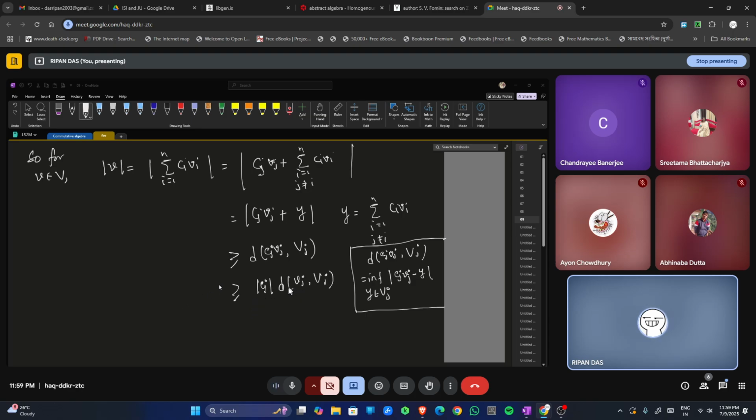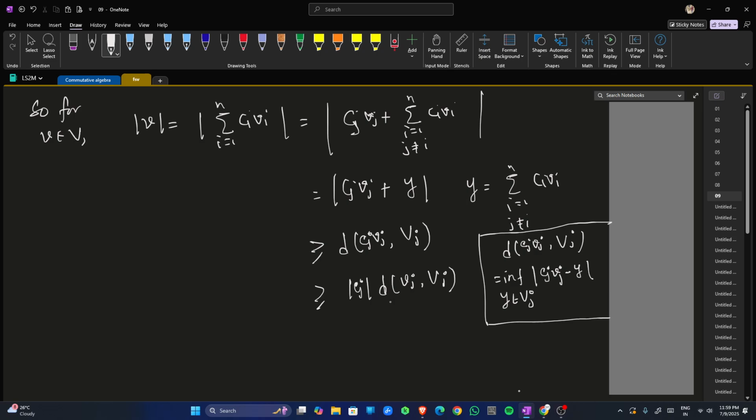So if I take infimum over all these elements, then for those j where Cj is non-zero, it will appear in the equation. The rest of them are 0, so I don't have to take care of anything.